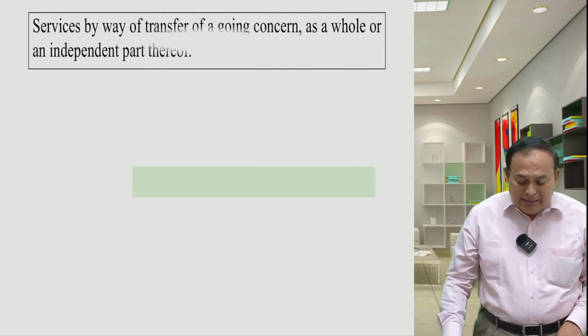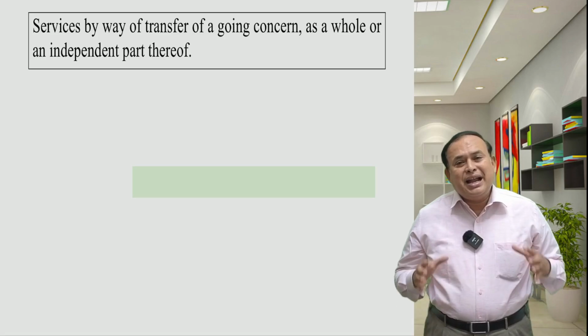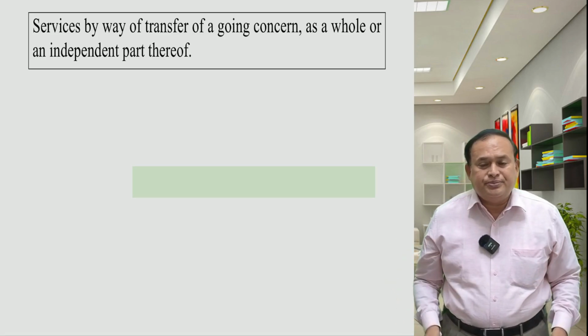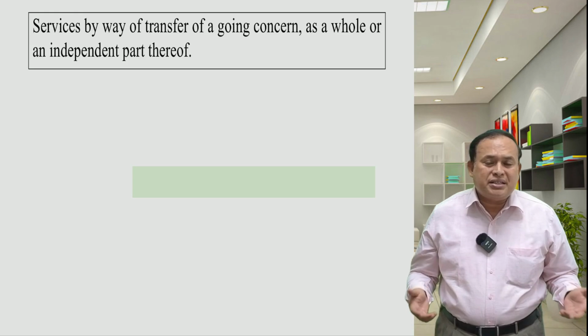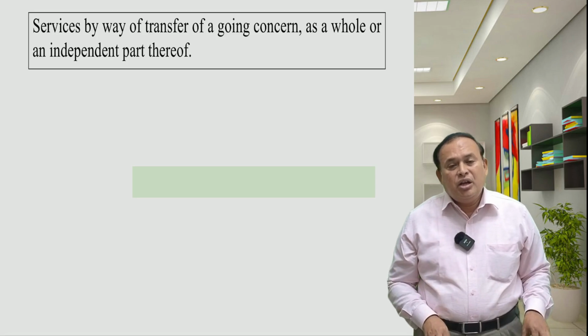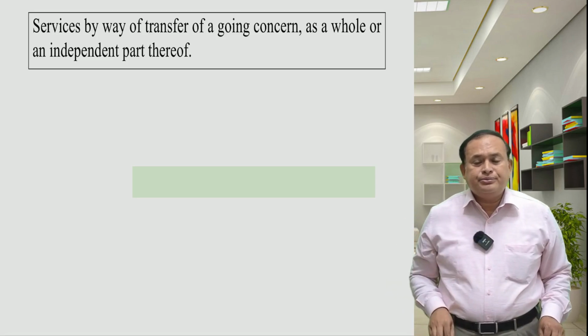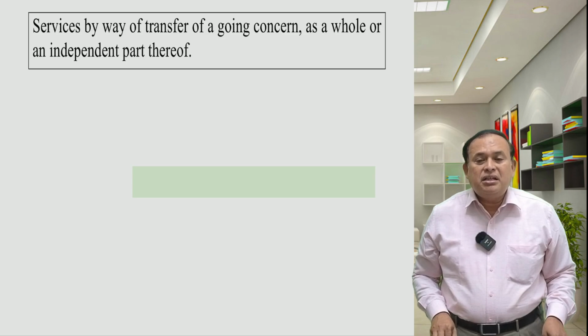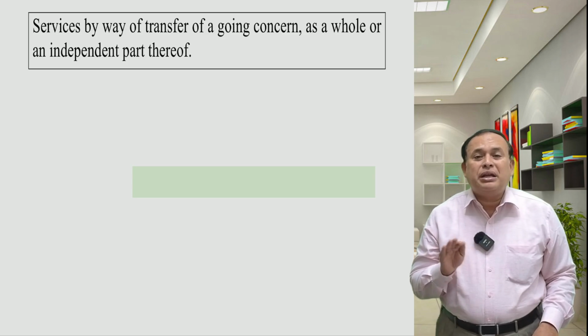Now coming to the other category, I told you some time before. In the case where the entire business has been transferred, it may be on account of succession, merger, demerger, amalgamation, whatnot, and the going concern is going to continue, it is not called a supply of goods.